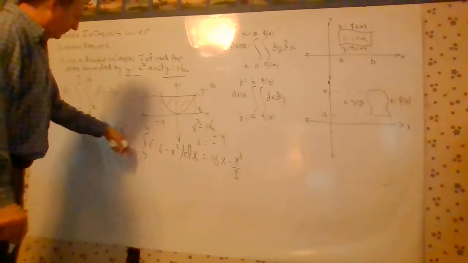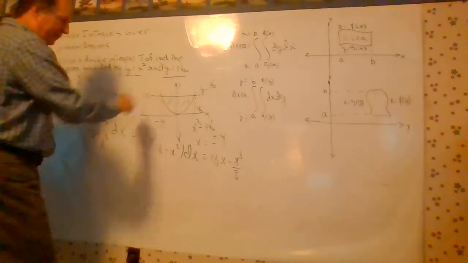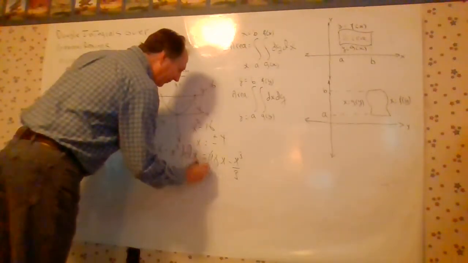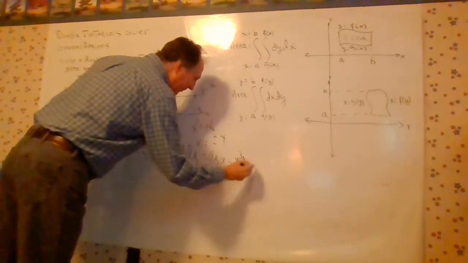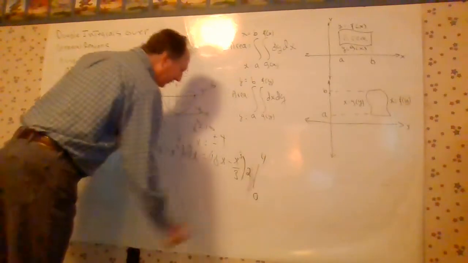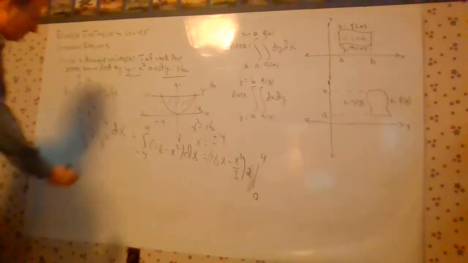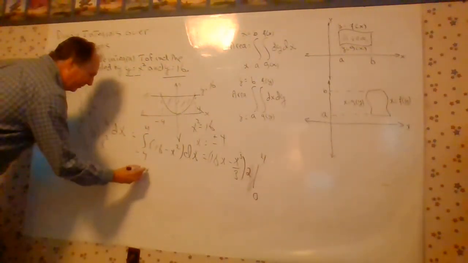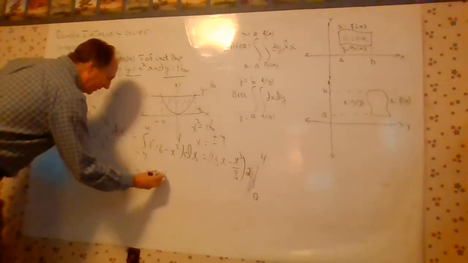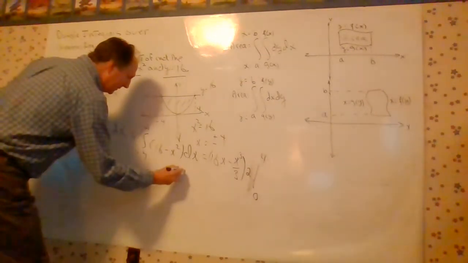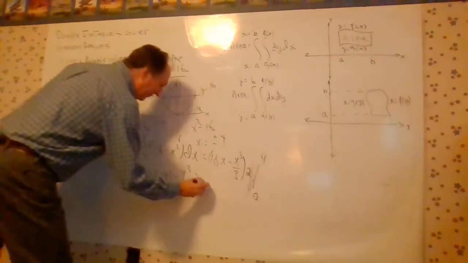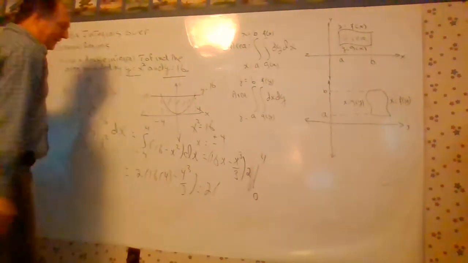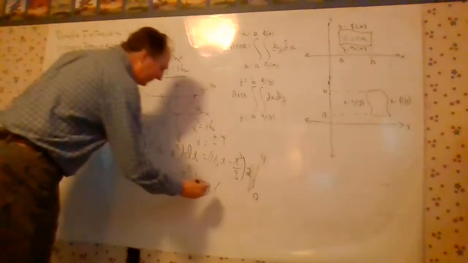Now, if you don't feel like doing the positive and negative thing, this is symmetric. You can always do 2 times the integral and go from 0 to 4. That will simplify it. And that'll give you 2 times 16 times 4 minus 4 cubed over 3. And that's 2 times 64 minus 64 thirds.